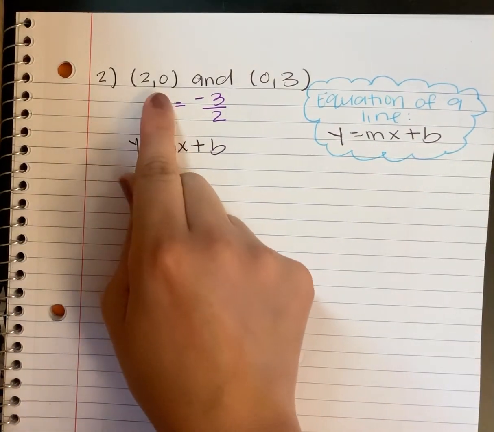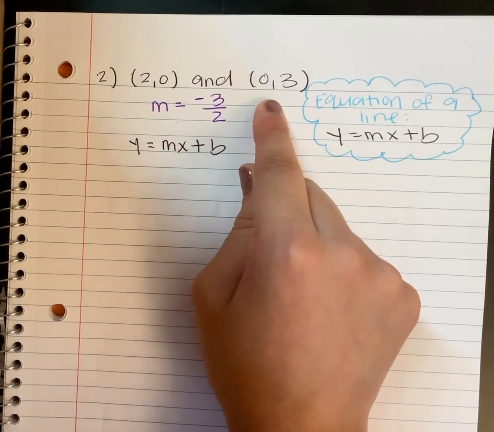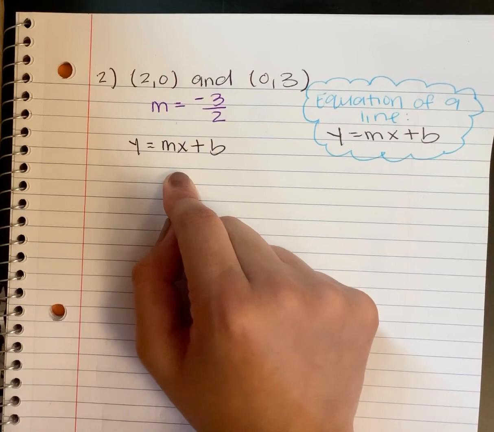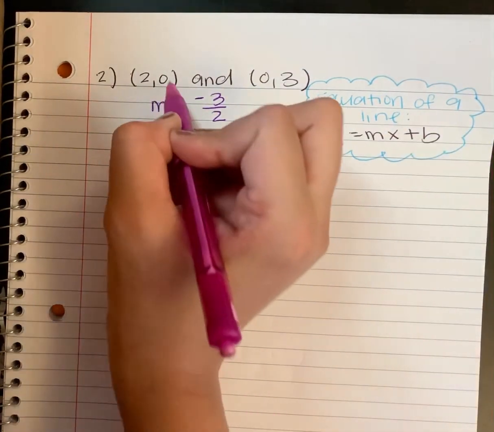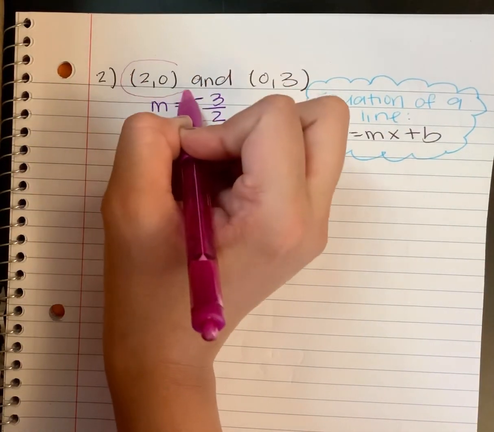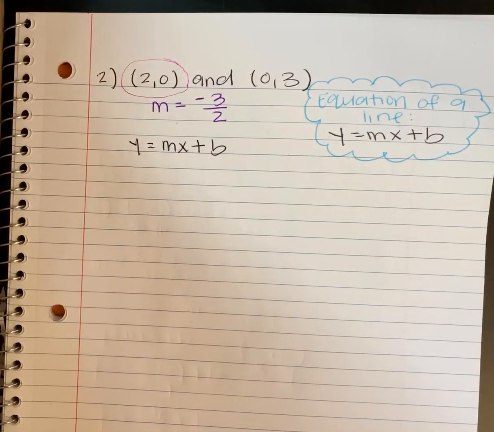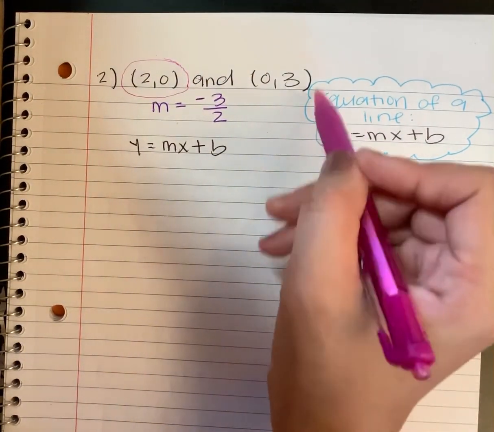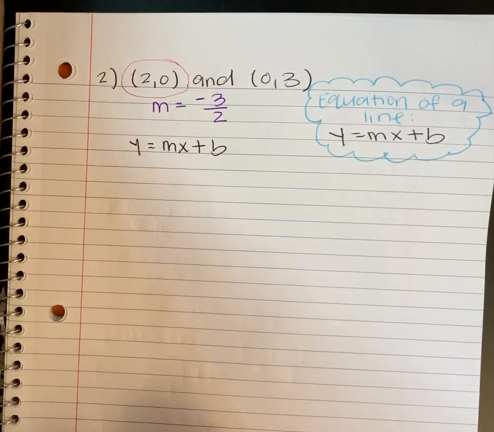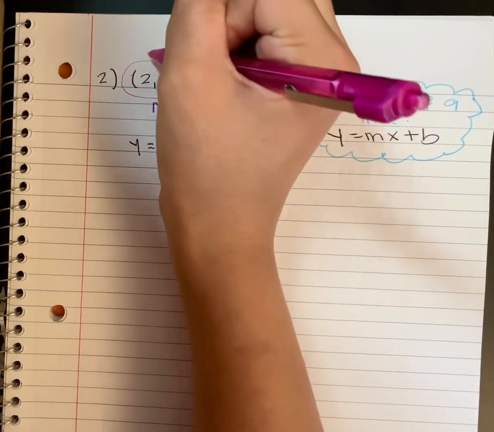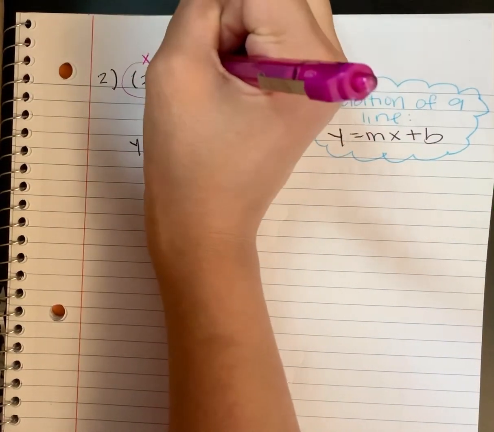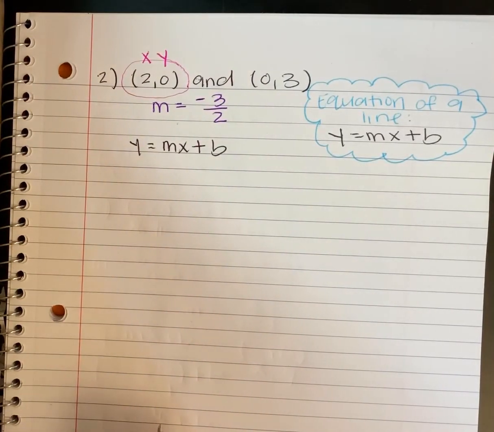You can use either point for this part of the problem. However, I'm going to use the first point, not for any particular reason, but just because it's the first one. If you feel more comfortable with using the second one, you may go ahead and do that as well. So let me go ahead and label my points x and y, so I know which is which.